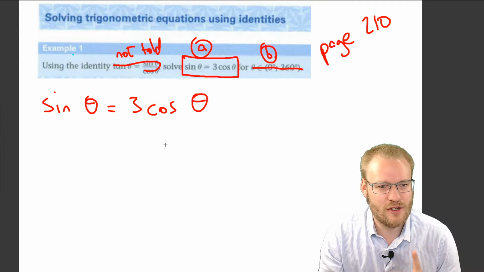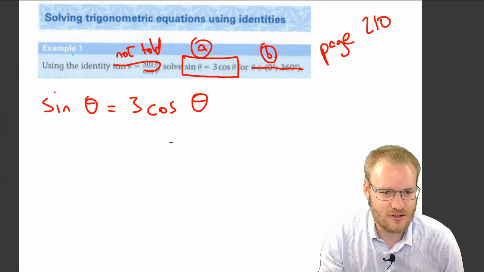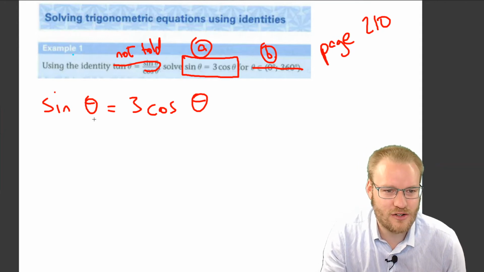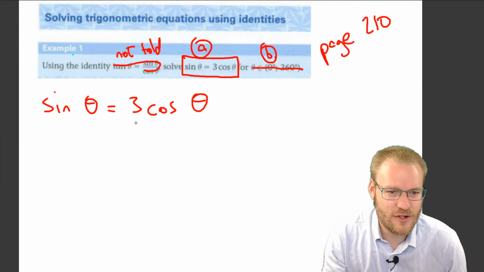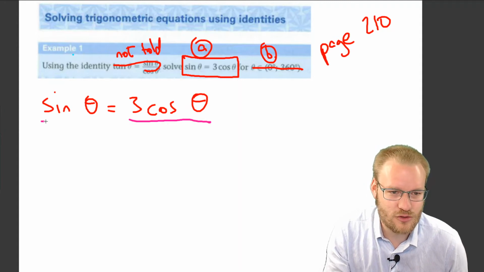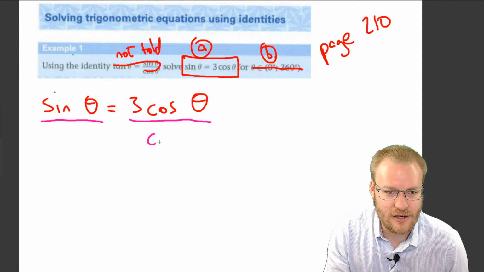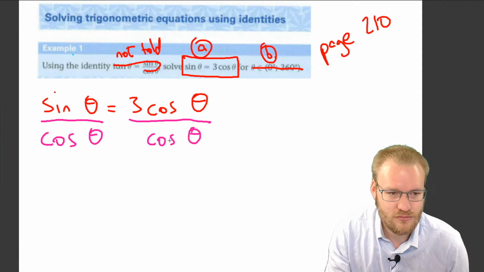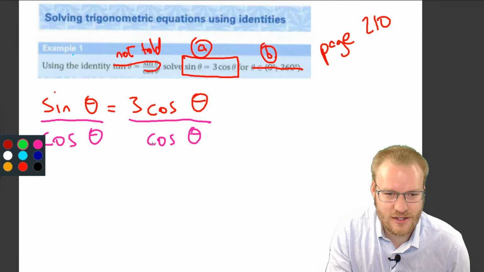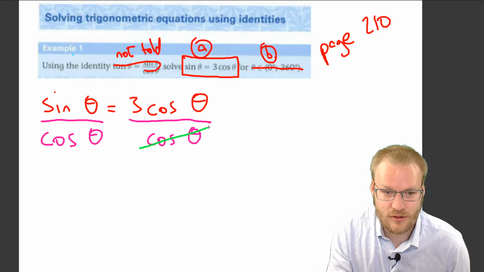If we see sine and cos, we know that sine over cos is tan. So if we divided both sides, which we can legitimately do, by cos theta, what you do on one side, you do on the other, then what's convenient is one term over one term. So those cancel nicely.